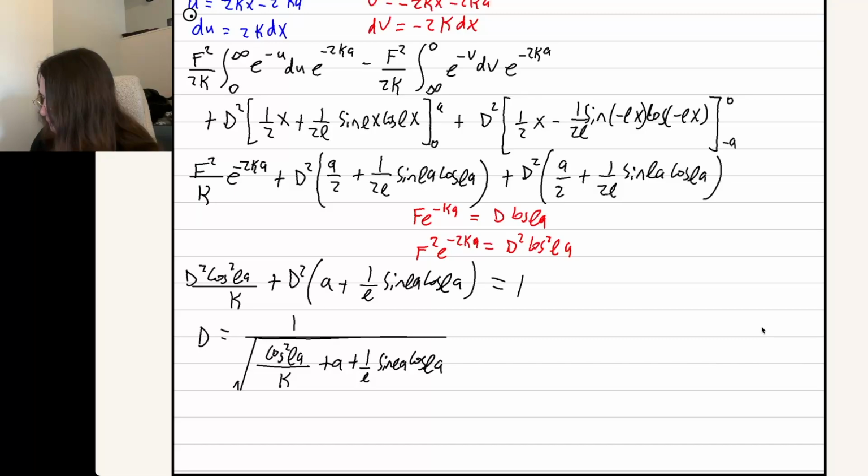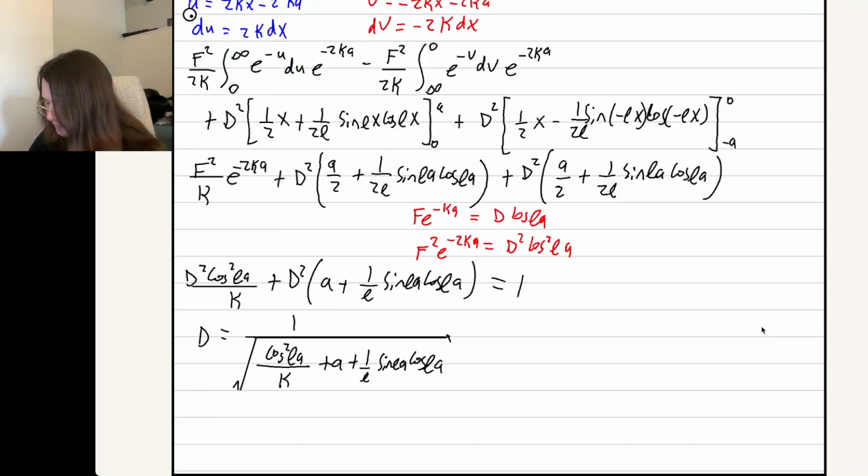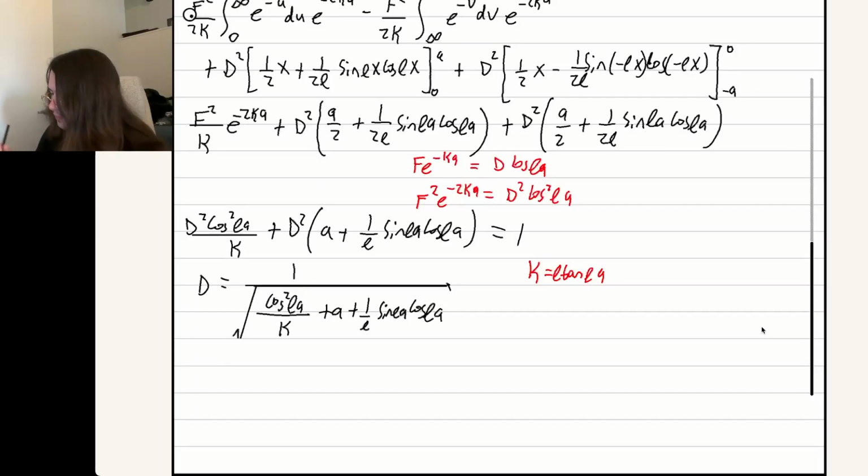But one of the other consequences from boundary conditions which Griffiths got, he said that kappa equals L tangent La, right? So we can actually change kappa out for that.